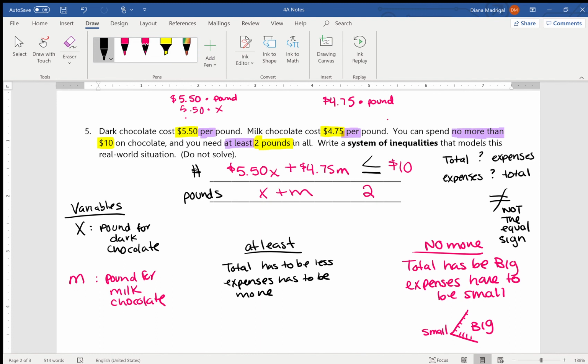So which sign? The monster has to be eating the expenses. So there you go. Monster eats the expenses and it's equal because it could be equal to 2 pounds, but the pounds can be more. So the total of pounds of X and M can be more than the 2.